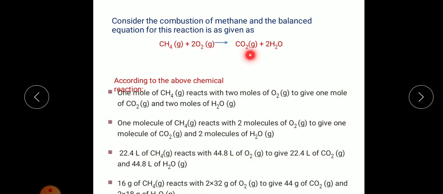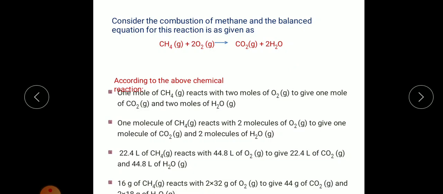Carbon dioxide is also 1 mole, so 22.4 liters, and water is a liquid here, and oxygen is 2 moles, so 44.8 liters. Similarly, if you calculate the molecular mass of methane, it comes as 16 grams. So 16 grams of methane reacts with 2 into 32 grams of oxygen, because oxygen has 32, to give 44 grams of carbon dioxide and 2 into 18 grams of water.